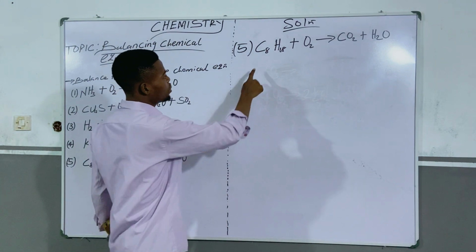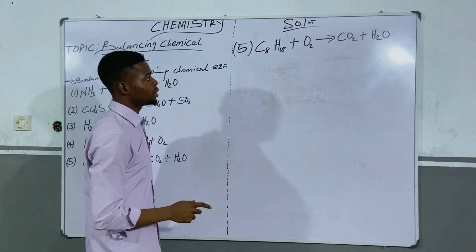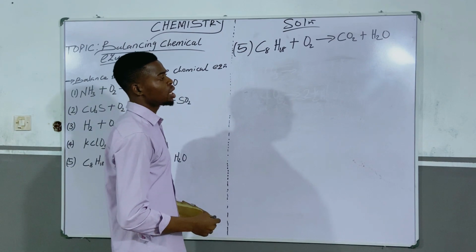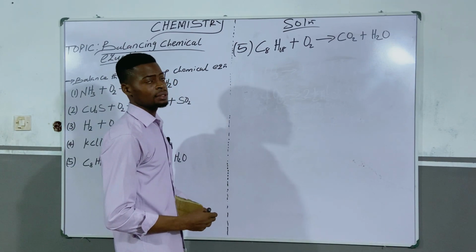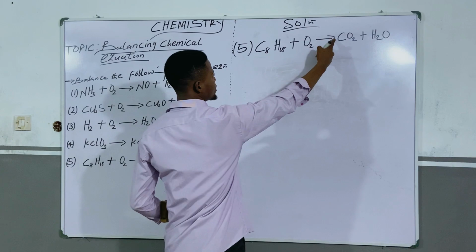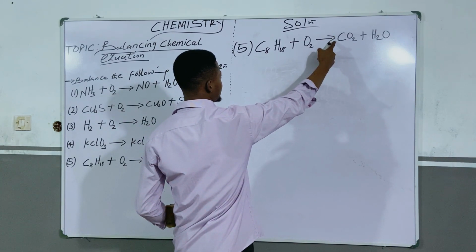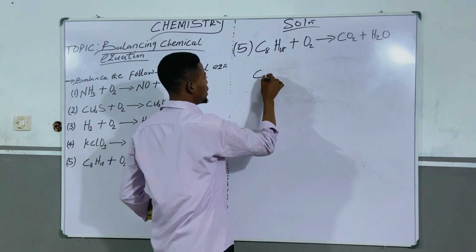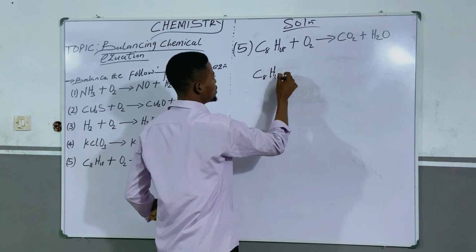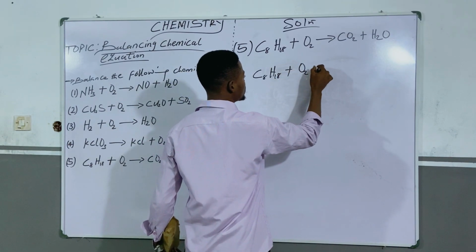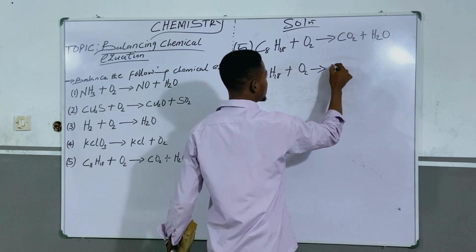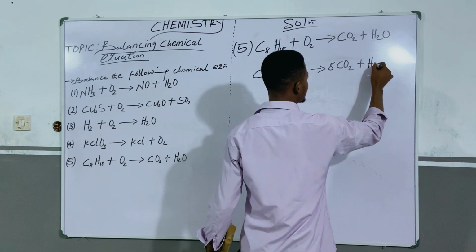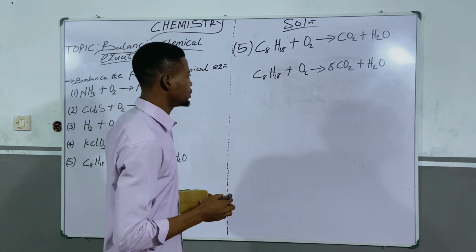Now coming here, we have 8 carbon here, and here we have only 1 carbon, so we have to add 8 here. So we have C8H18, then plus O2 to give us 8CO2, then plus H2O.